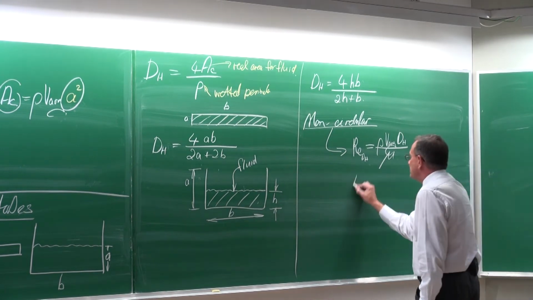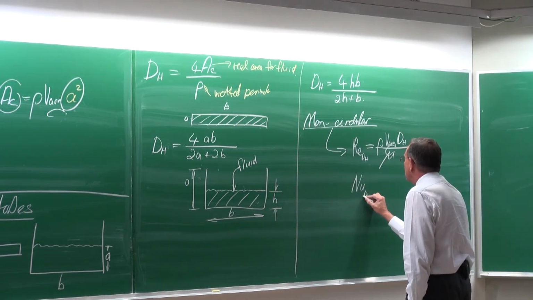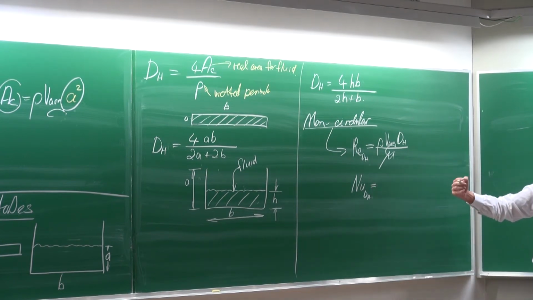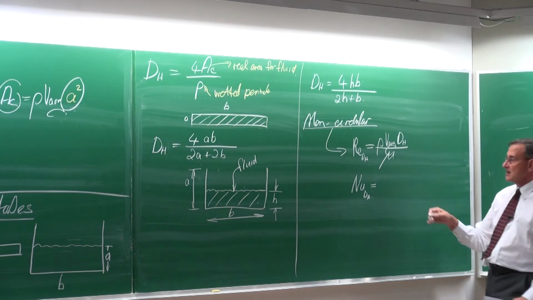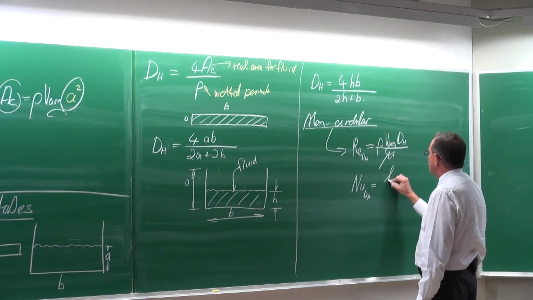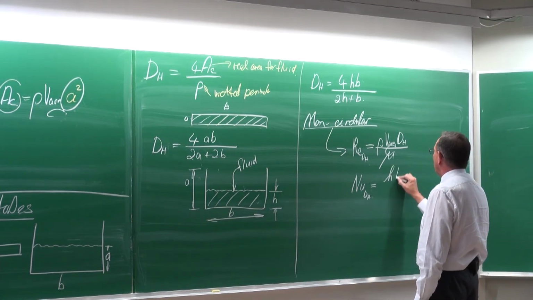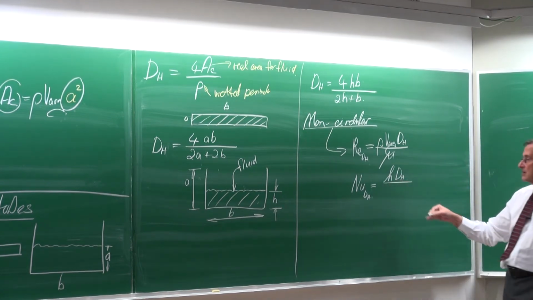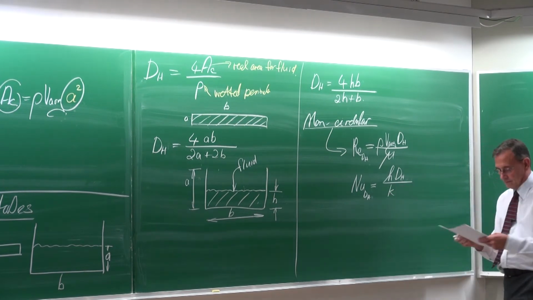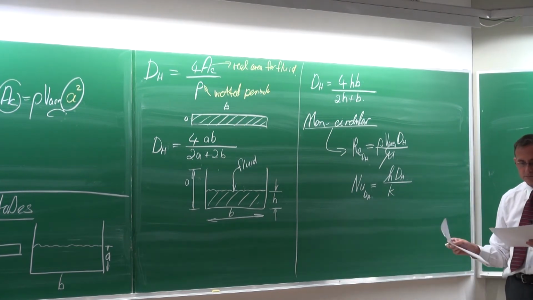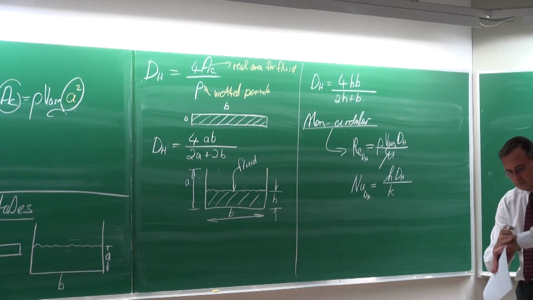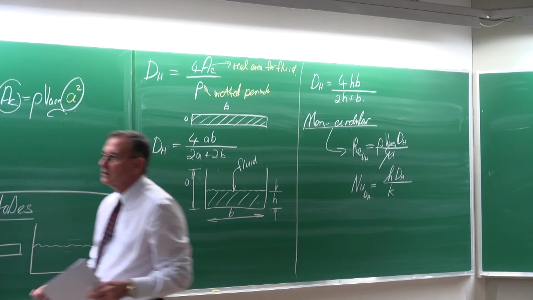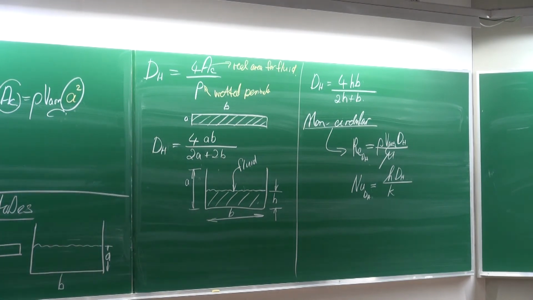And we always work with the Nusselt number, dH. So the dH, I'm just putting there to indicate it is based on the hydraulic diameter, is equal to H multiplied by the characteristic length, which is the hydraulic diameter, divided by K. You follow?